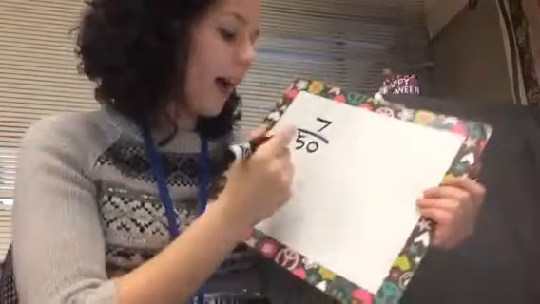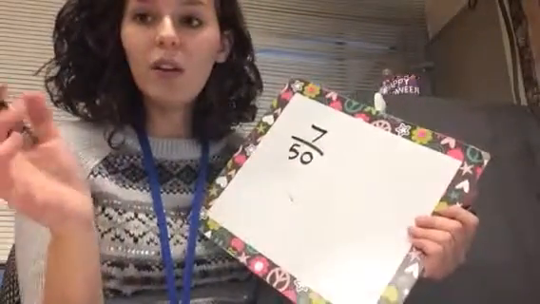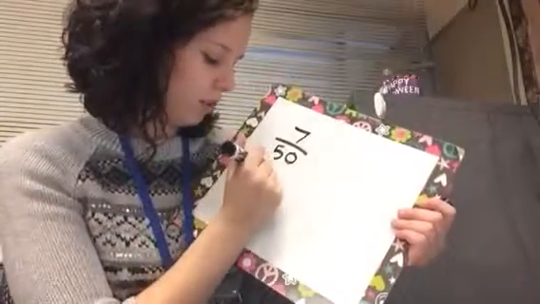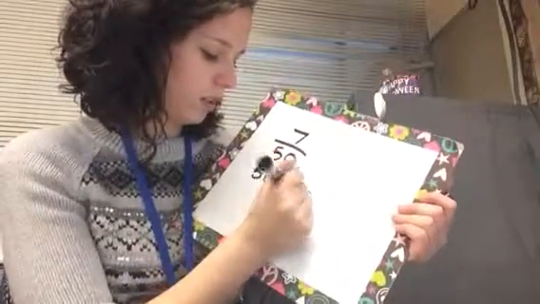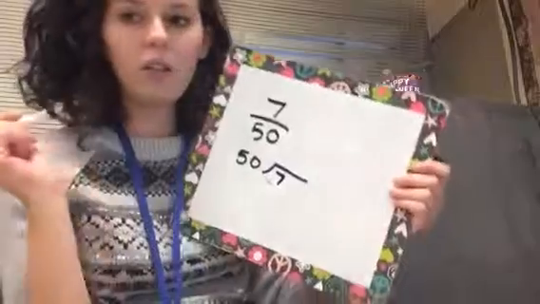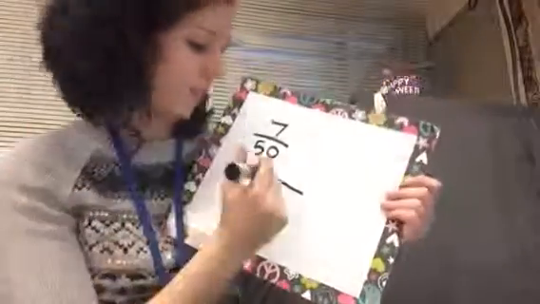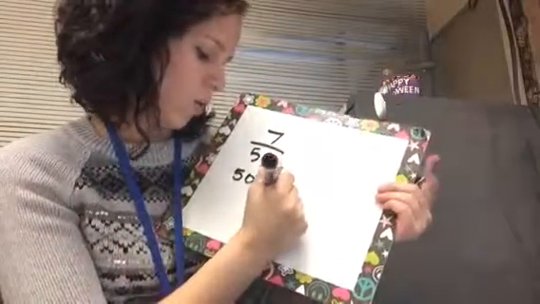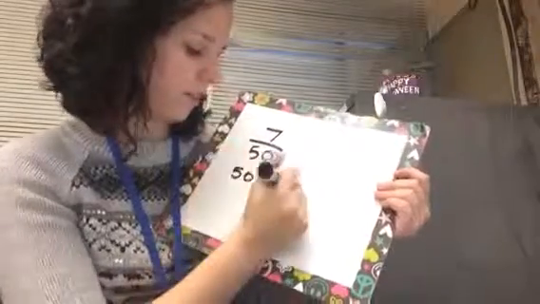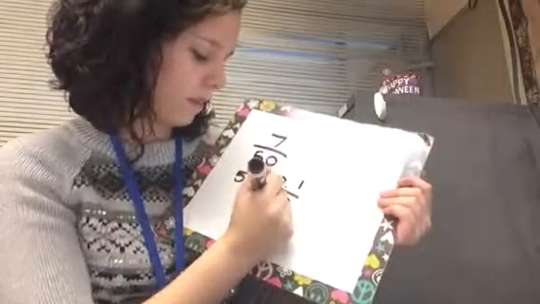Pretend that that 50 we can't multiply to get 100. I would have to turn it into a decimal. Using long division, 50 divides into 7, no, 0 times. 50 divides into 70, 1 time.